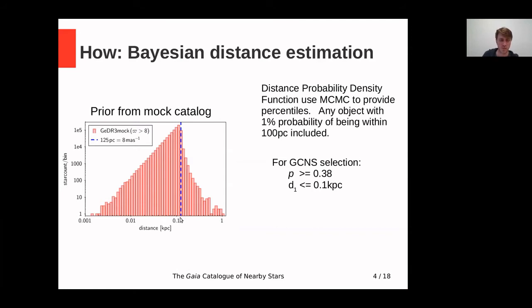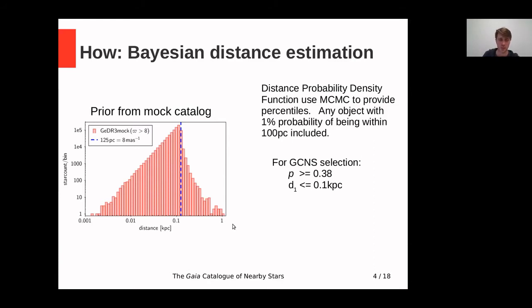But since we have parallax uncertainty, even stars that are further away than 125 parsecs can enter our sample. We generate this with a mock catalog that includes a galaxy model and the magnitude limits of Gaia and also an error model of the parallaxes.